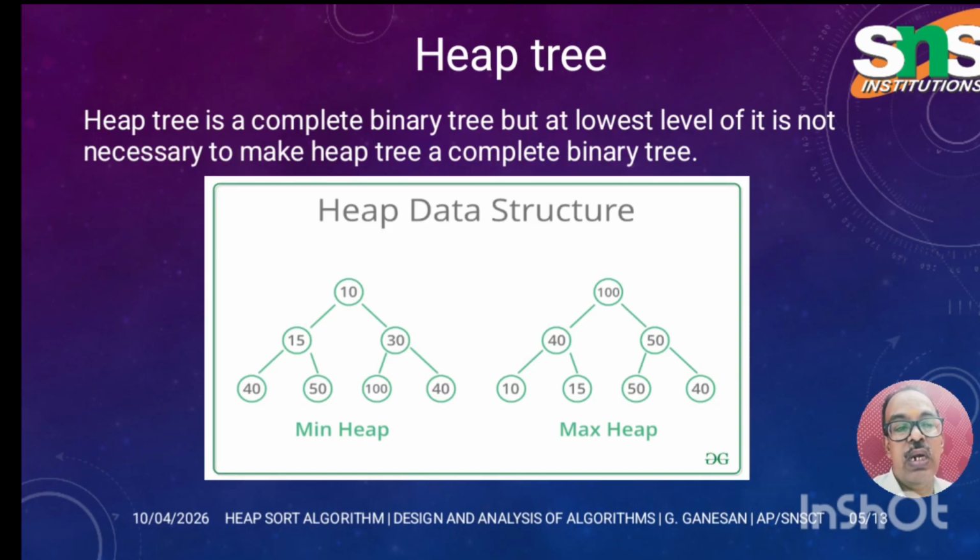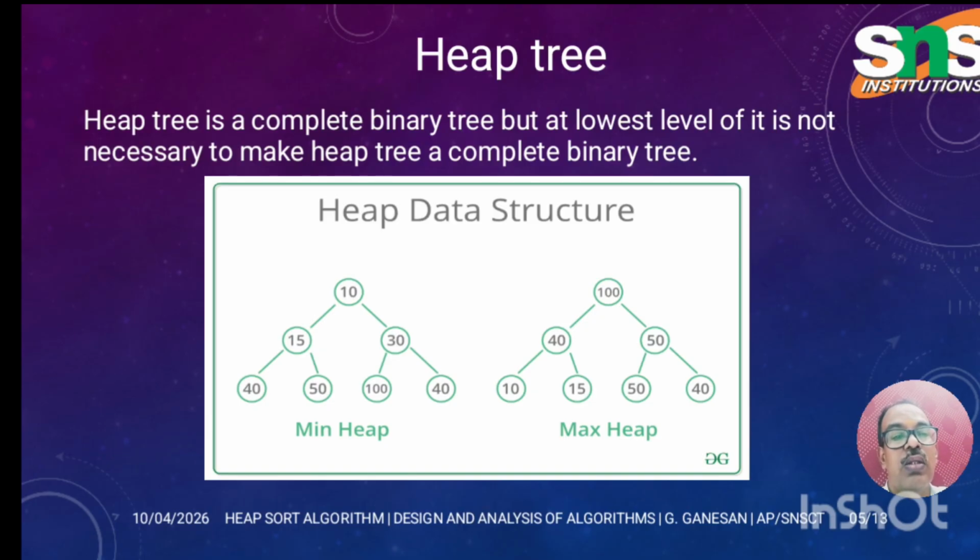What is the difference between min heap and max heap? Based on the diagram, if the parent element is always greater than the child element, it is called a max heap. On the right side of the diagram, the root element is 100, then the child elements are 40 and 50, then the child elements of 40 are 10 and 15, and the child elements of 50 are 50 and 40.